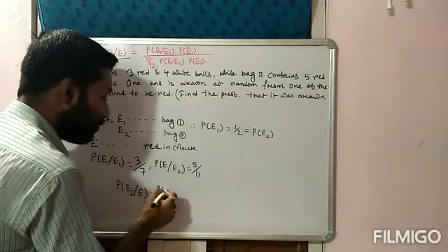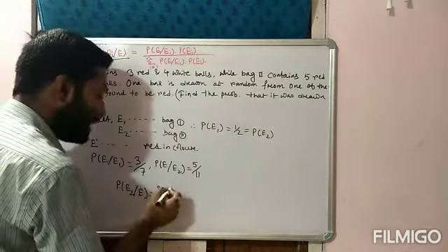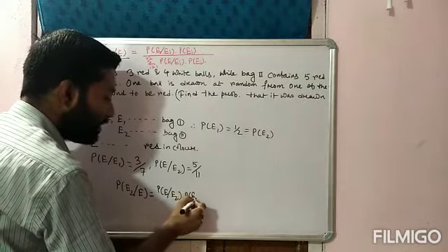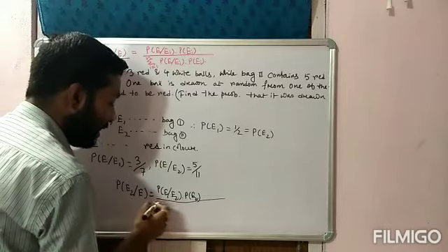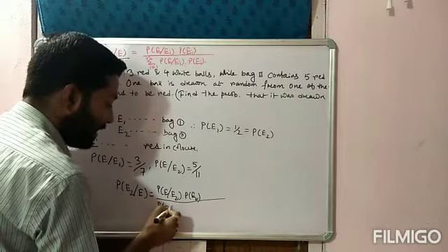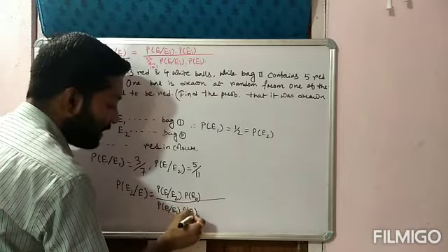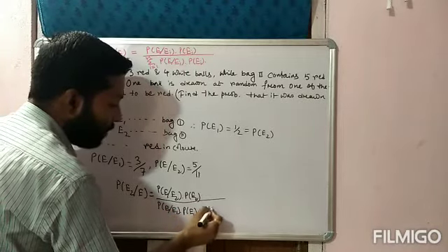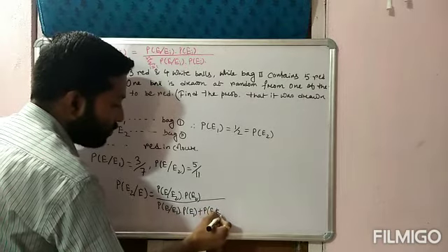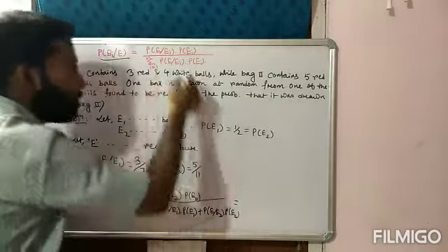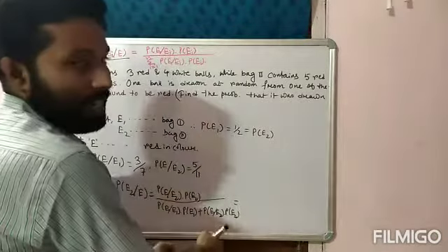This is equal to the formula: P of E/E2 into P of E2 divided by P of E/E1 into P of E1 plus P of E/E2 into P of E2. ओके, जो फॉर्मूला बेस थ्योरम में यूज किया गया वही फॉर्मूला लिखा यहाँ पे.